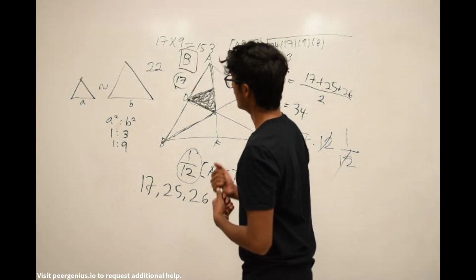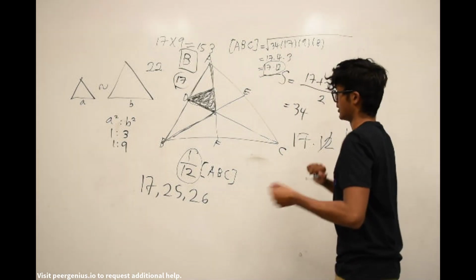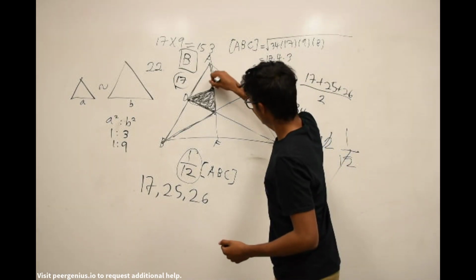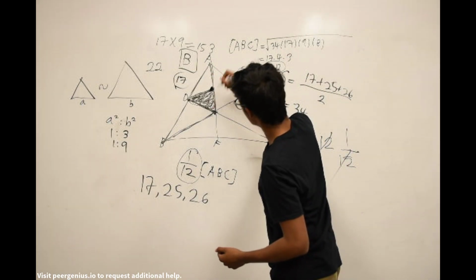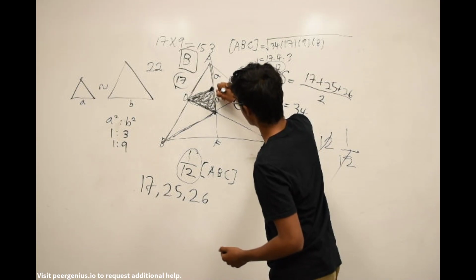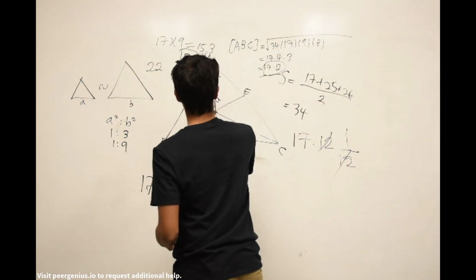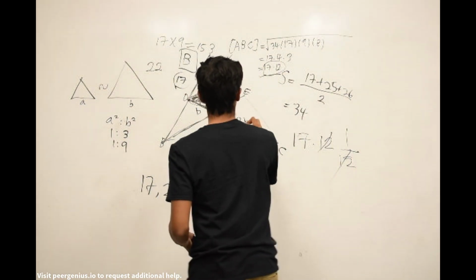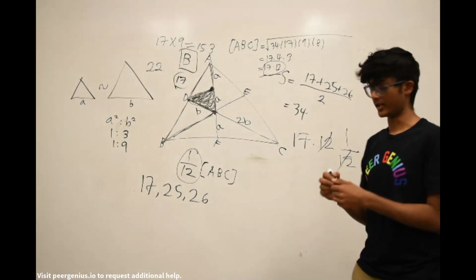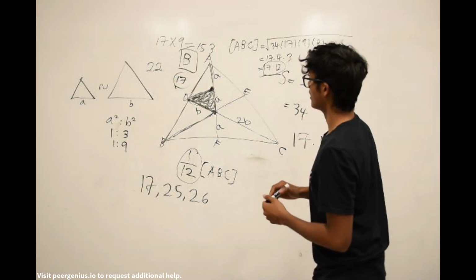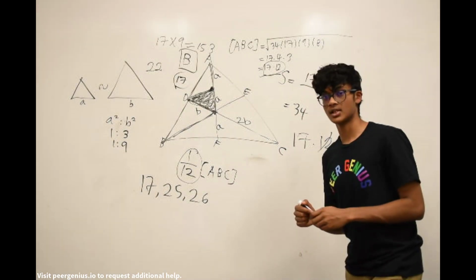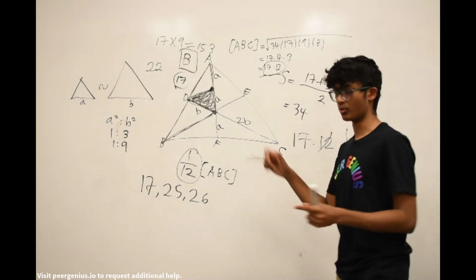Thank you, Min. I'm just going to put some labels here, so it might be a little easier to understand. What Min was saying is that the medians cut themselves into 2-to-1 ratios.